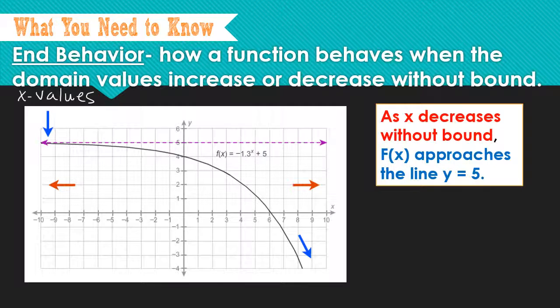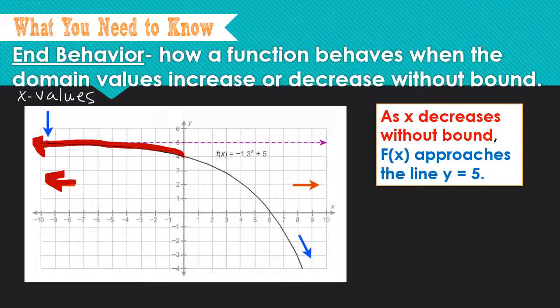In this example, if we look at my x values decreasing, we're looking at the x-axis, and we're decreasing. If I look at what's happening to my function as my x values decrease, my function is getting closer and closer to my asymptote, which in this case happens to be at y equals 5.